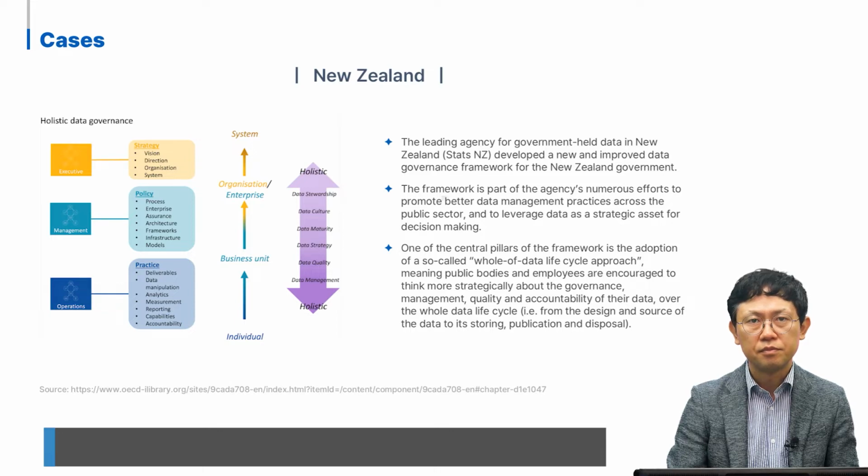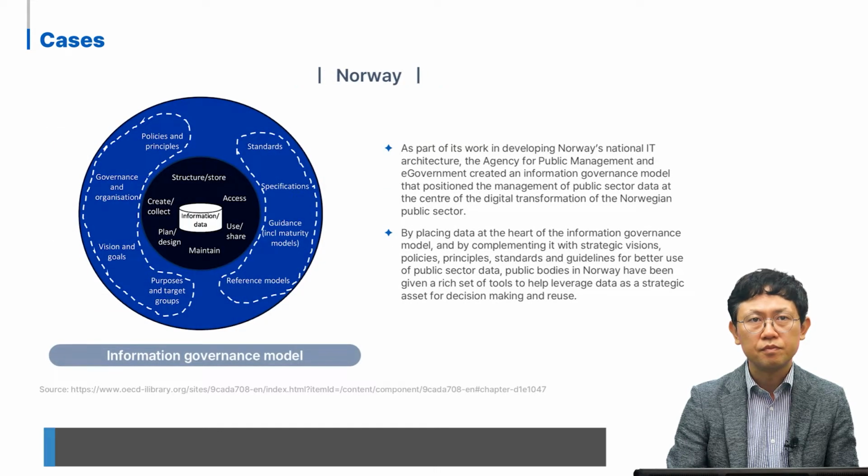In Norway, The Agency for Public Management and E-Government is presenting an information governance model that places data management in the public sector at the center of its digital transformation strategy in developing a new national IT architecture.